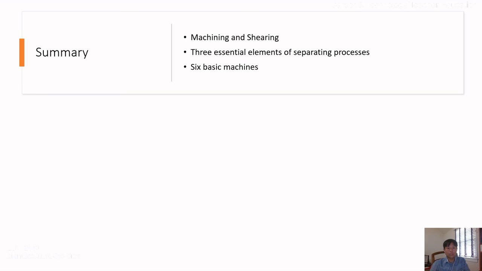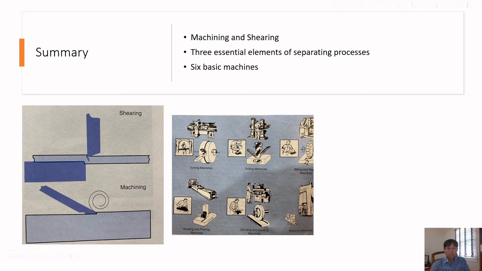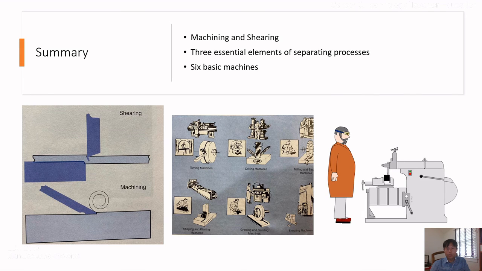So this is the summary. You need to understand the differences between machining and shearing. Shearing is cutting with the tool, but machining is filing away the surface of the material. The 3 essential elements of the separating process are a tool or cutting element, and then motion.